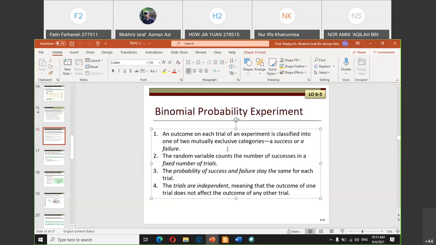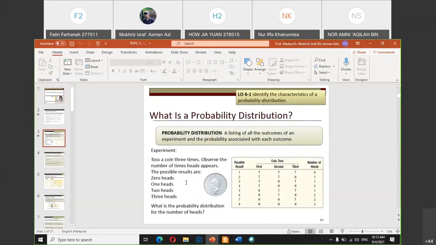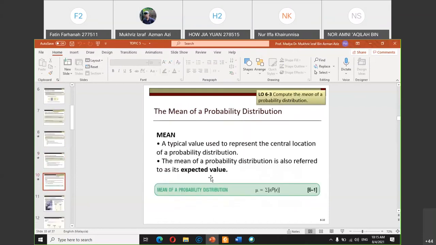For example, in the previous example, you want to see how many times you get heads when you toss the coin 3 times. So the event of heads appearing is the probability of success. If the coin lands on the tail side, that will be the probability of failure. That is what it means by success or failure.